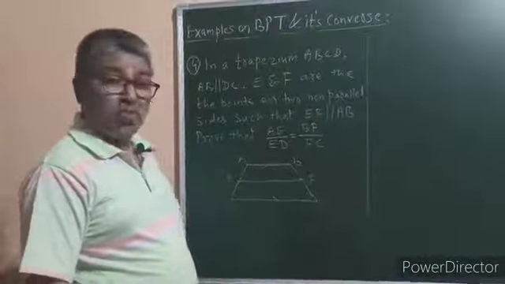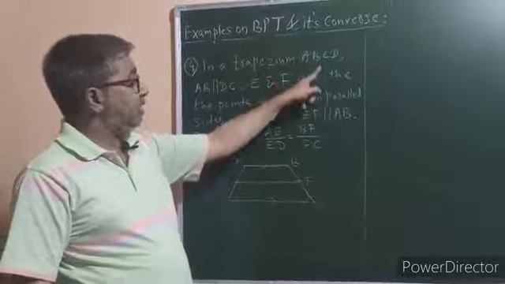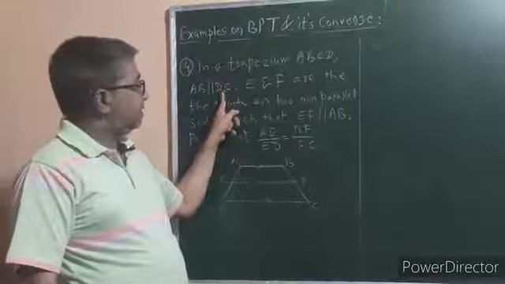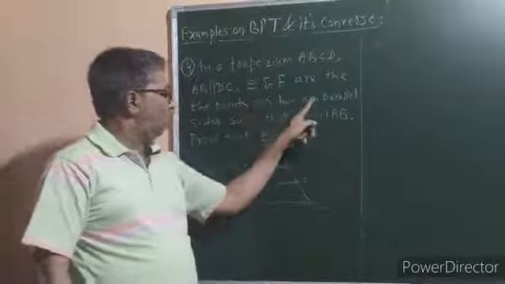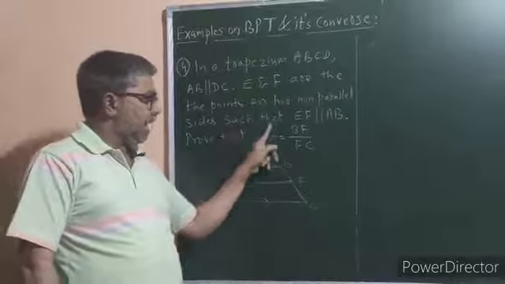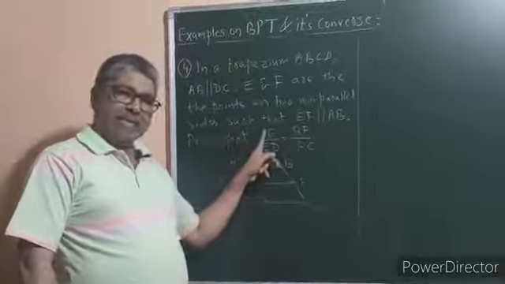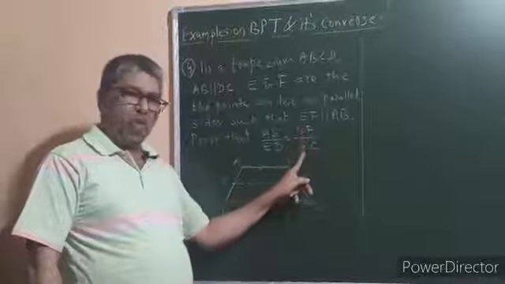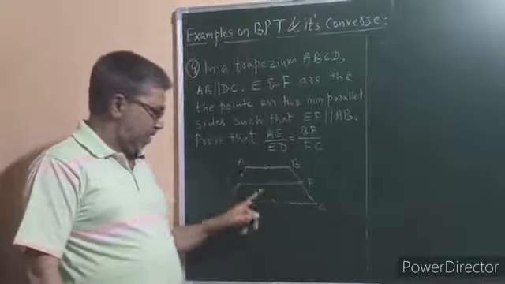So dear student, the fourth example is: in a trapezium ABCD, AB is parallel to DC, E and F are the points on two non-parallel sides such that EF is parallel to AB. Prove that AE upon ED is equal to BF upon FC. So this is a trapezium ABCD.